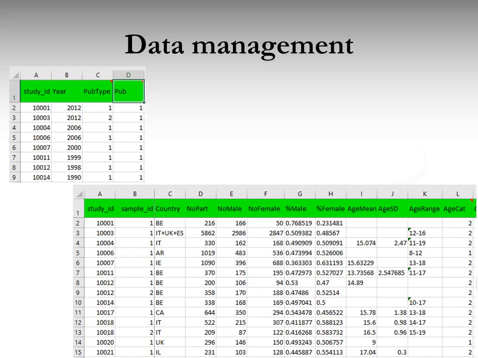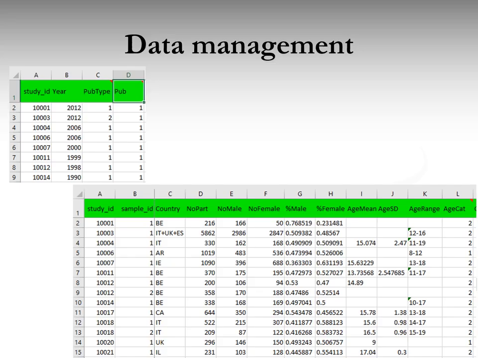In a second sheet, we have again the study ID, but now we also have an additional column, sample ID, and you see that for some studies, like study 10,012, you have two samples. In that study, two groups of persons were studied. The same is true for study 10,018.